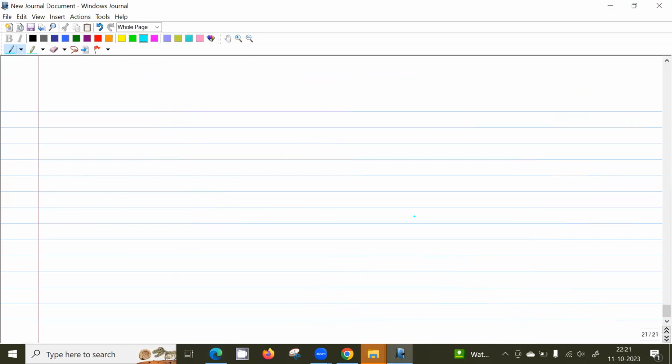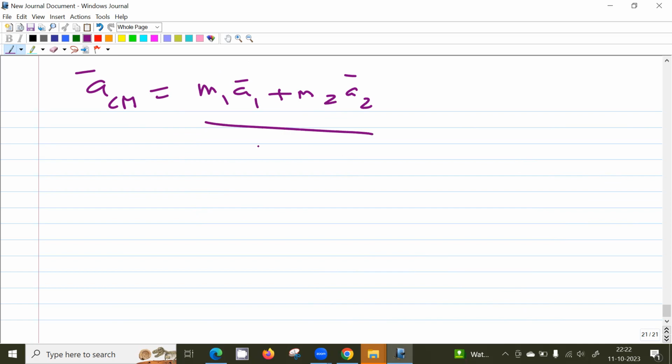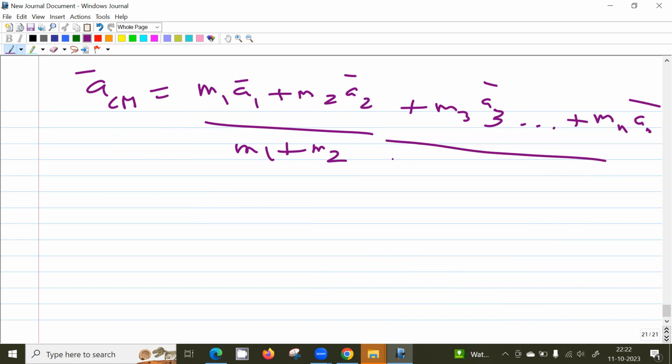Similarly, I can define the acceleration of the center of mass as (m1 a1 plus m2 a2), where a is a vector, divided by (m1 plus m2). If there is a third mass, I have to add m3 a3, and for n point masses, I have to add up to mn an, divided by the total mass.